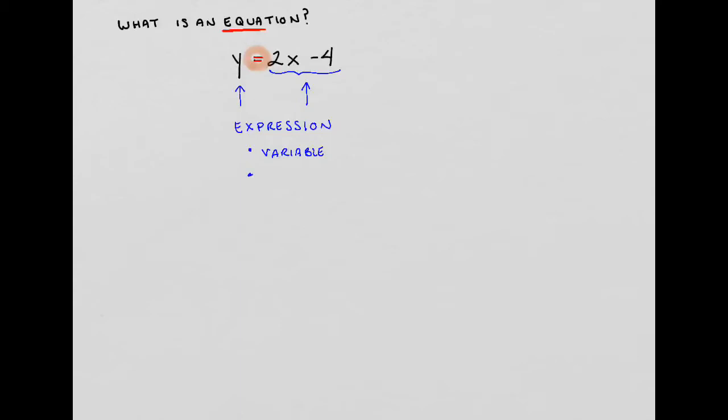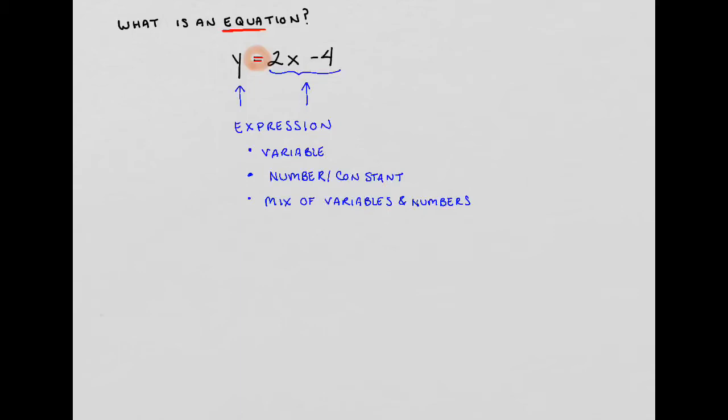It could also just be a number. We also can refer to numbers as constants because they are not changing. A 5 is always going to be a 5. Or we could have a mix of variables and numbers.